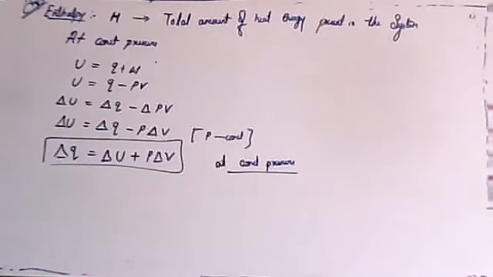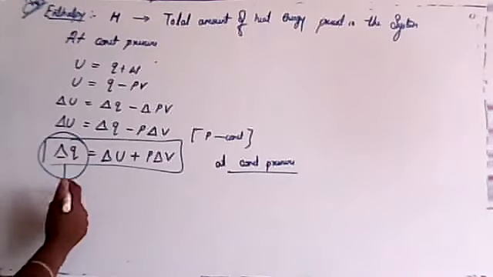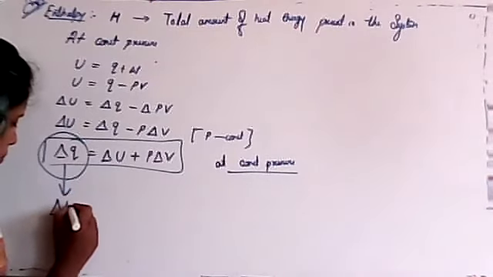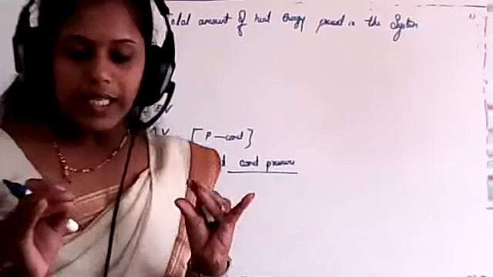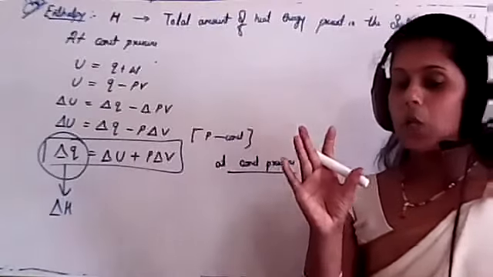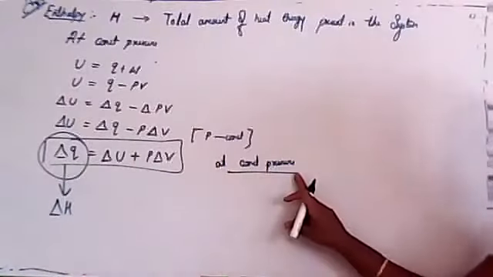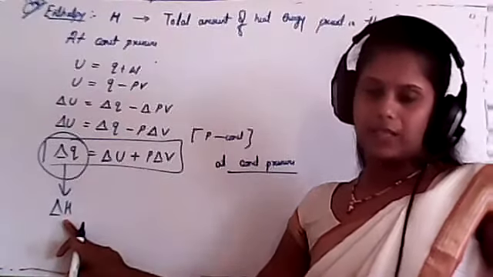So that's why we can exchange this term with another term, that is delta H. Clear? So the heat content of the system at constant pressure is called delta H, or enthalpy.